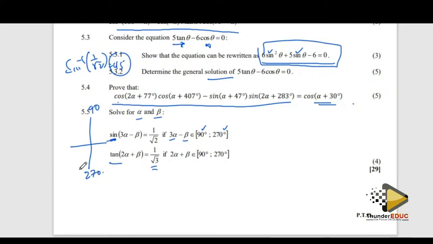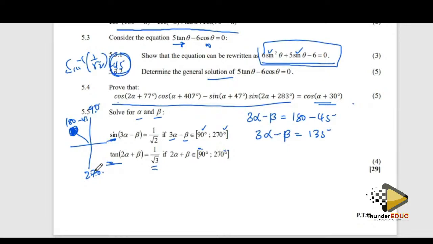So which angle is that going to be? The sine ratio is positive here, which means it's in the second quadrant, and in the second quadrant it's 180 minus the reference angle. So 3α minus β is equal to 180 minus 45, which gives 135. Then the tan is also positive, with the same interval.